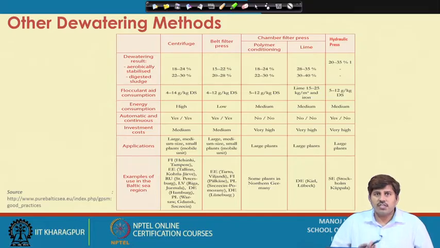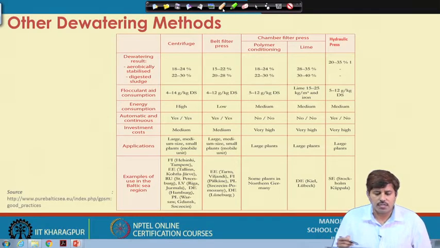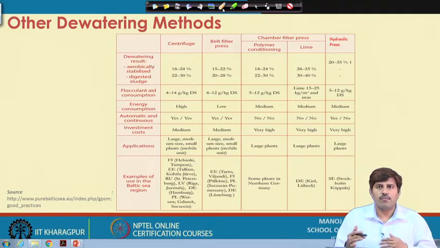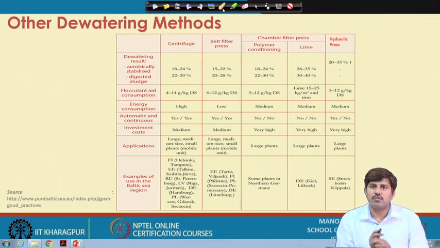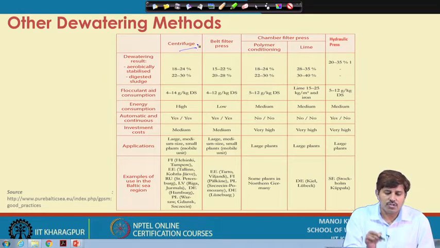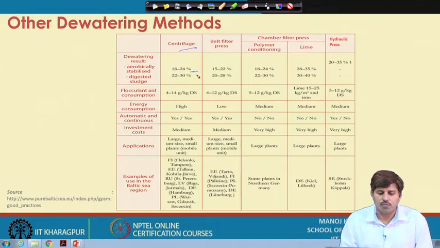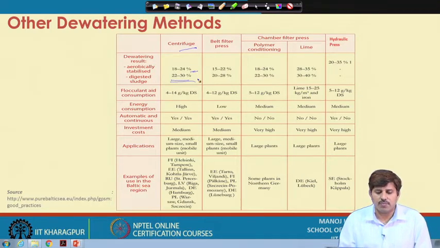There are various other dewatering methods, as we said, various mechanical methods apart from thickening. We will not be going into detail, as the processes are the same as what we discussed during sludge thickening. There are centrifuges, which for aerobically stabilized sludge can bring it down to 18 to 24% dry solid content, and for digested sludge 22 to 30%.